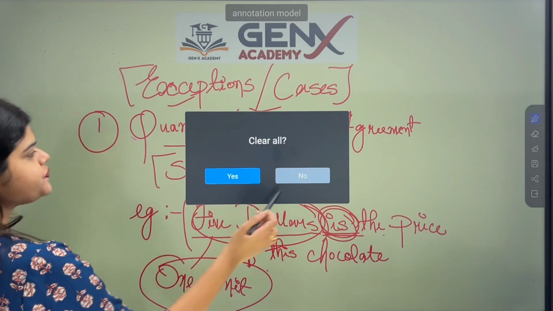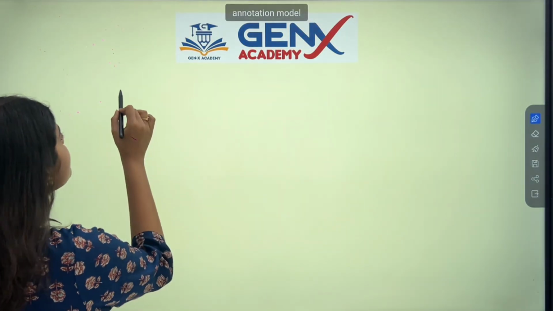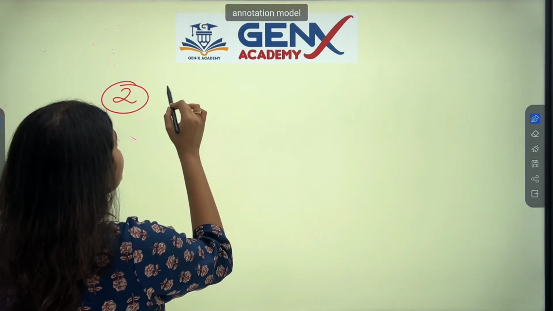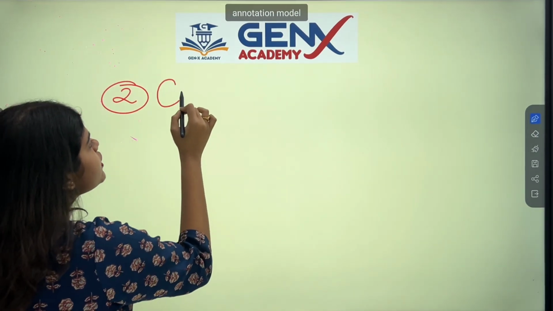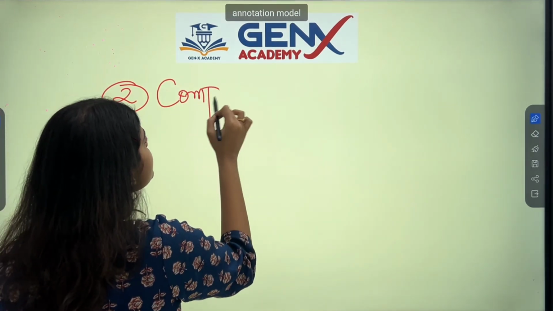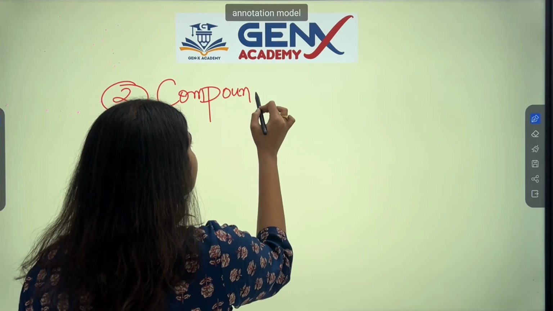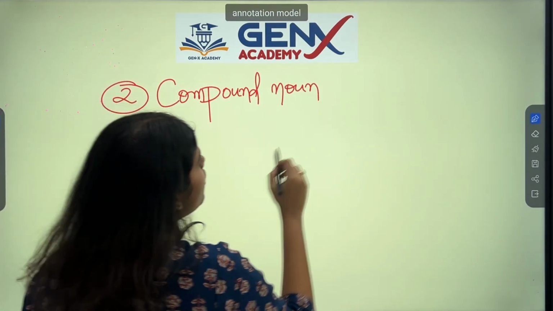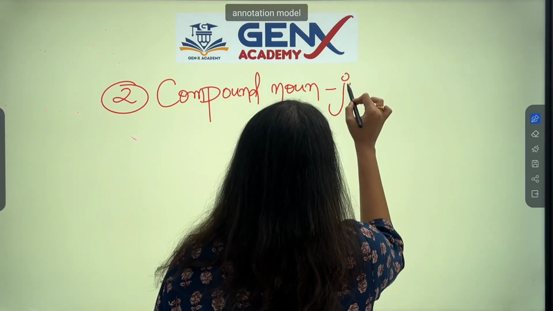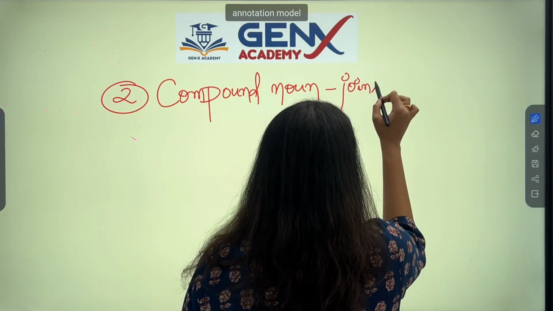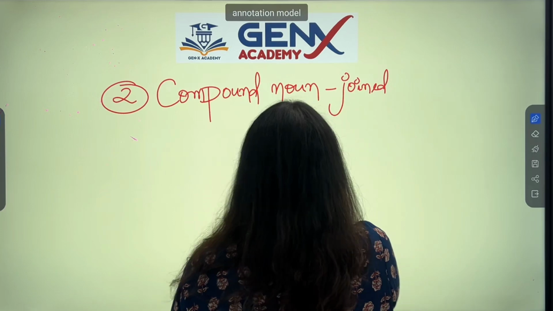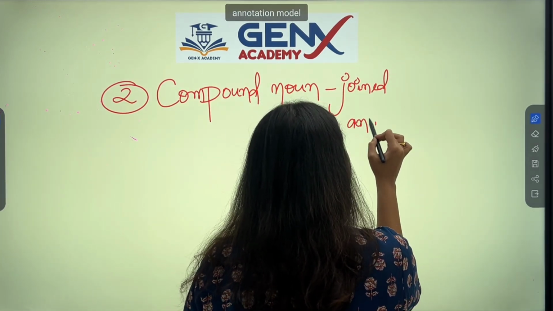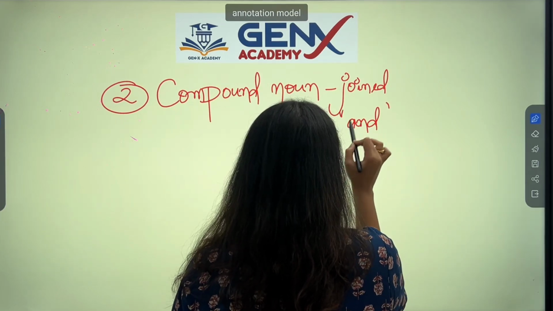Next, exception number 2 is an agreement which includes a compound noun joined by and in a sentence.